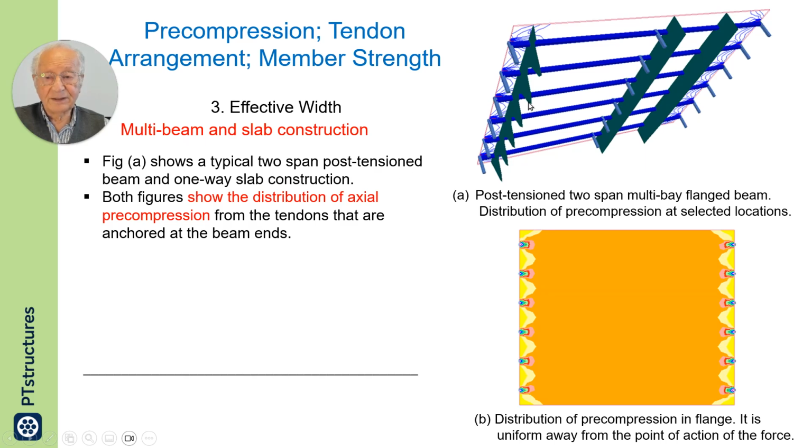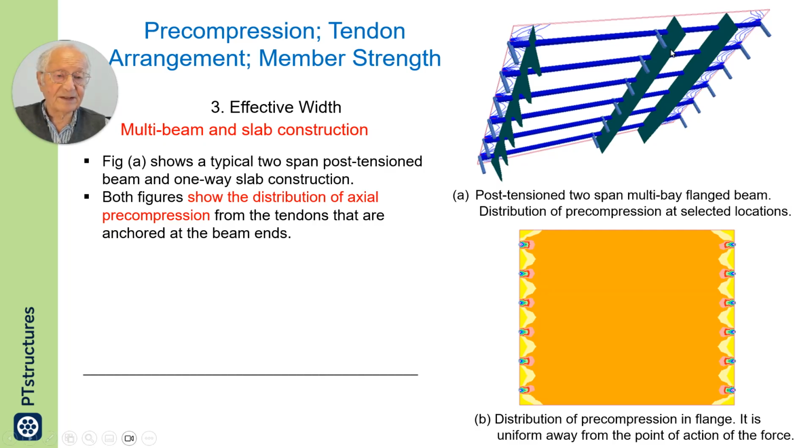Figure A here, at the top right, shows a typical two-span post-tensioned beam and one-way slab construction. Both figures show the distribution of axial precompression from the tendons that are anchored at the beam ends.